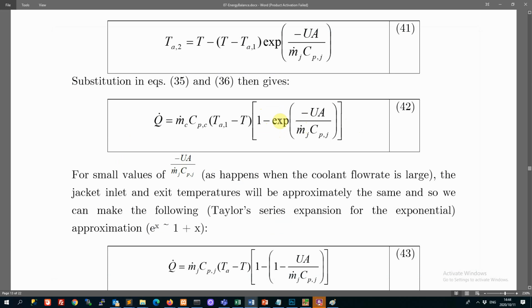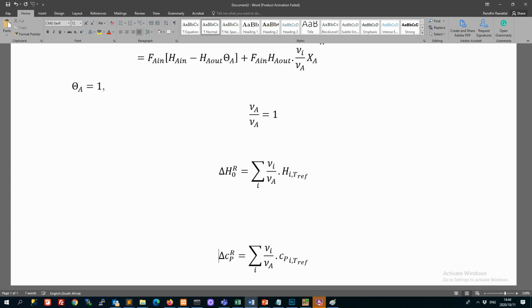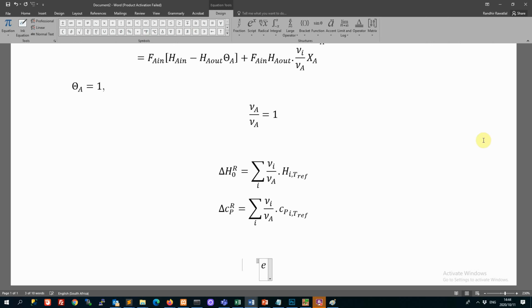So we can say exp of x for x tending to 0, for small values of x, this is approximately 1 plus x.